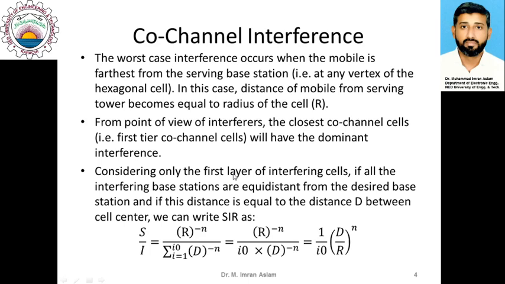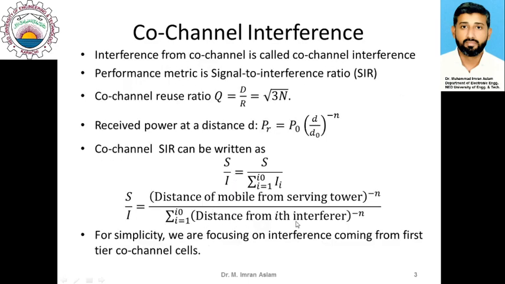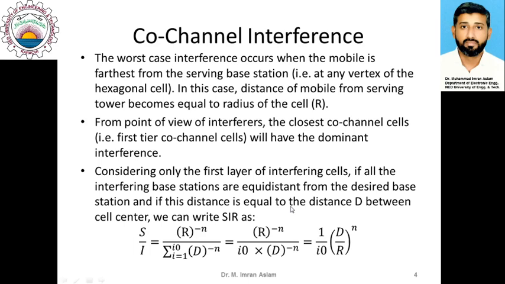Second thing is regarding the denominator, which is distance of the mobile from the ith interferer. Although this distance depends on the location of mobile, because if we change the location of mobile, of course that distance would change, but on an average the distance would remain same for all co-channel interferers.